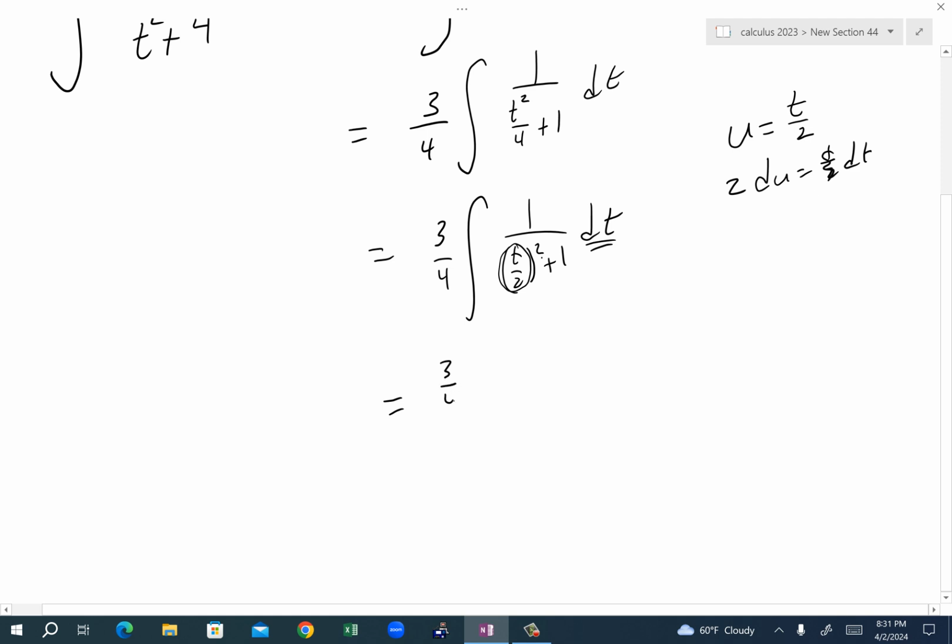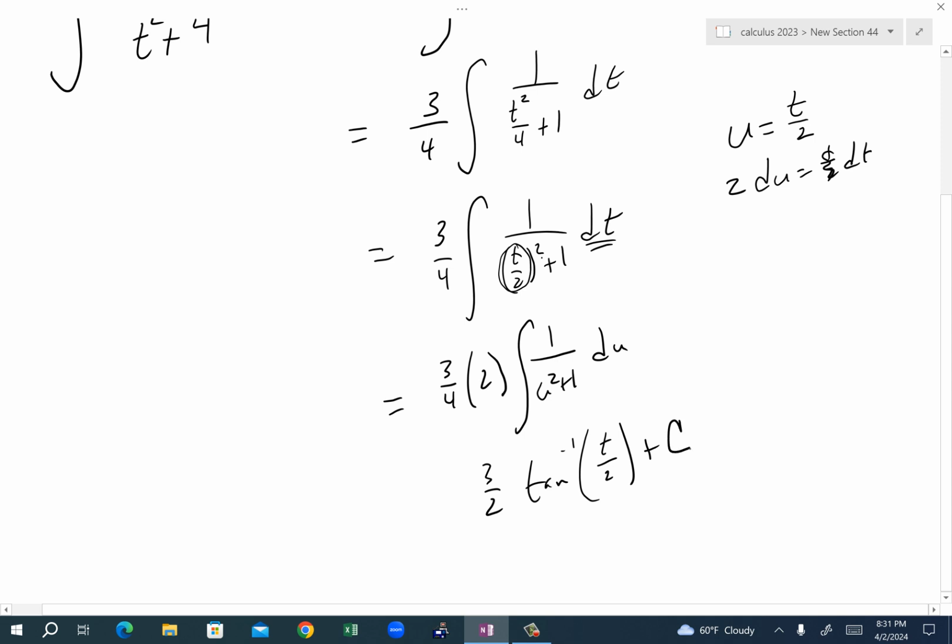So I have 3/4 times 2, and now I have the integral of 1 over u squared plus 1 du. Well, that is 3/2 arctan of u, but u is this fella.